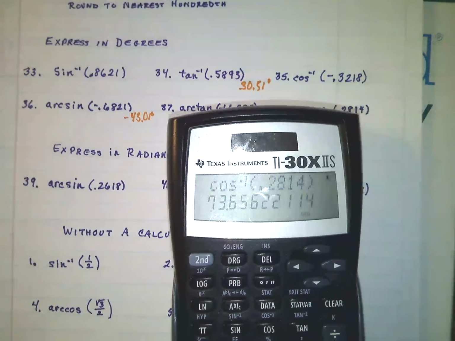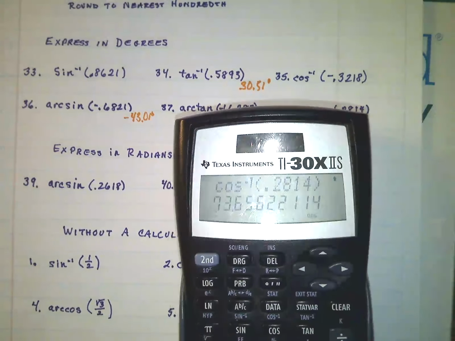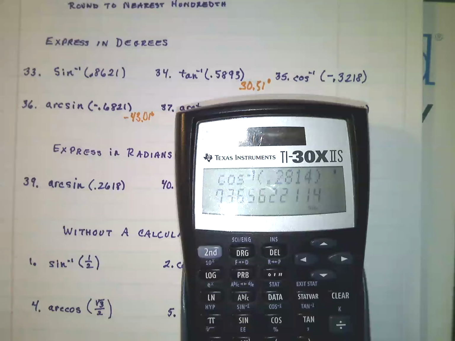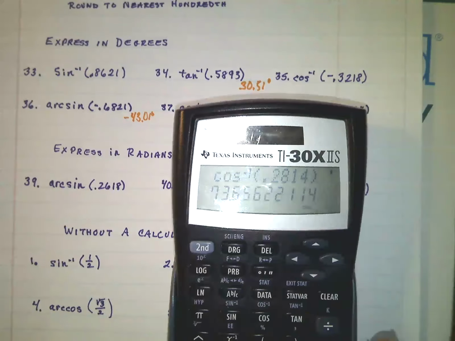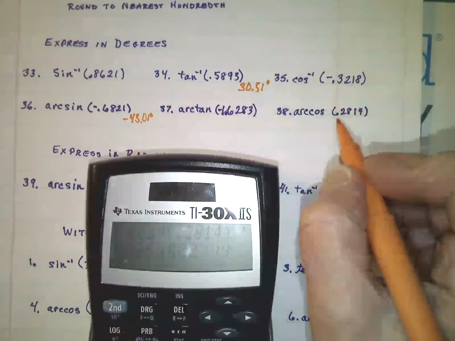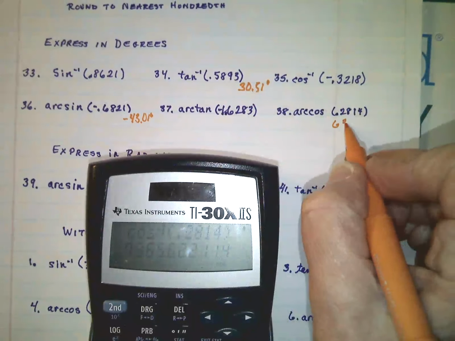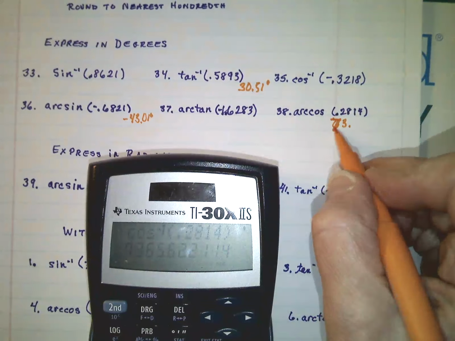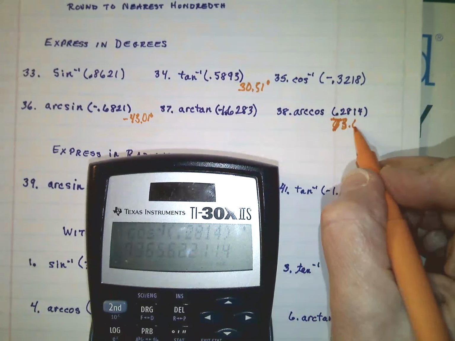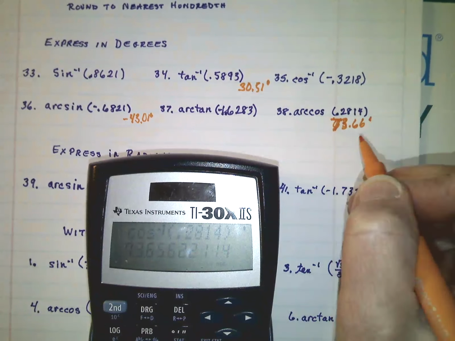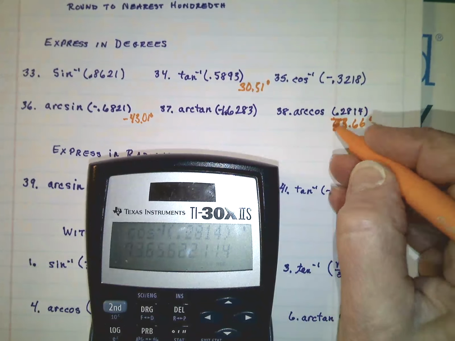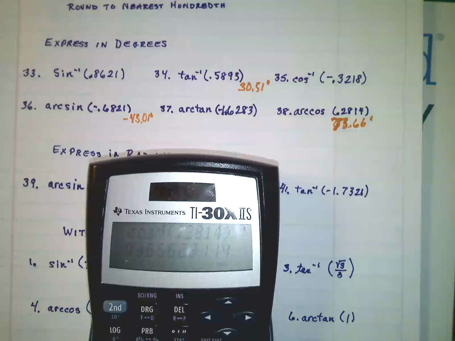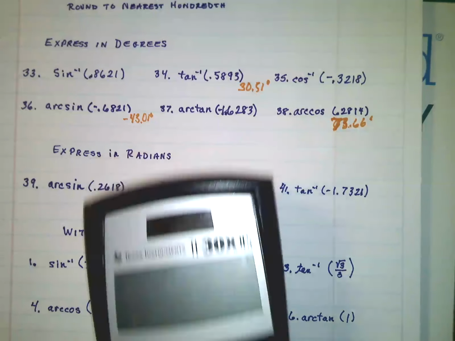And the calculator is telling us it's about 73.66. The 6 would make us round up to 66 hundredths. Whoa. I've got to slow down here. Sorry about the mess. That's supposed to be 73.66 degrees. So that's not too bad.